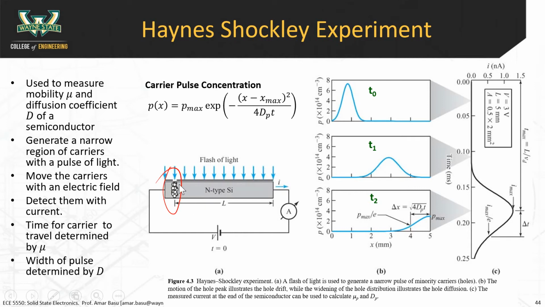Let's say that these were holes that you were generating. Well, I guess you're generating holes and electrons. This is an N-type silicon. The holes are the minority carrier. So if this is what a carrier pulse would look like, because you're generating all these holes here, there's a high hole concentration wherever you put in that flash of light.